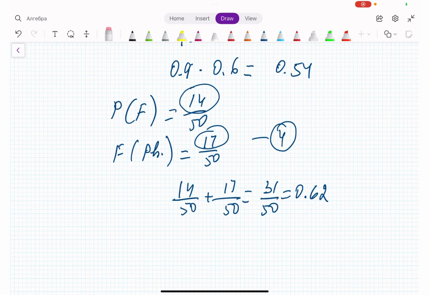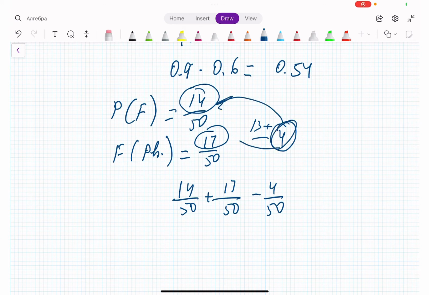Therefore, what we need to do, we need to subtract this 4 over 50, eliminate duplicate. You understand? So out of 17 physics, we have 13 male, 4 female, but probability of female is 14. So these 4 are being counted here and here. So to avoid duplication, we are subtracting.